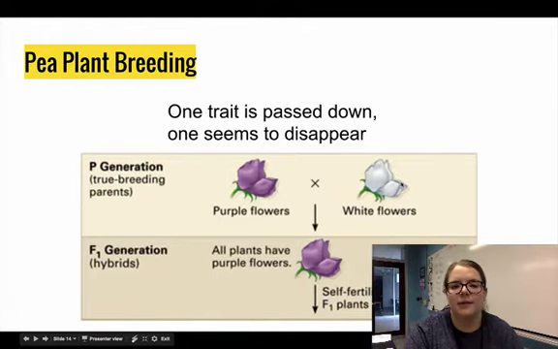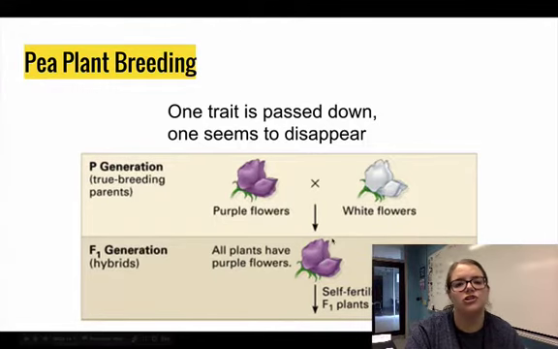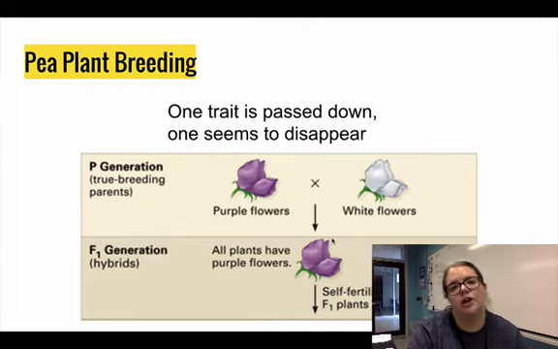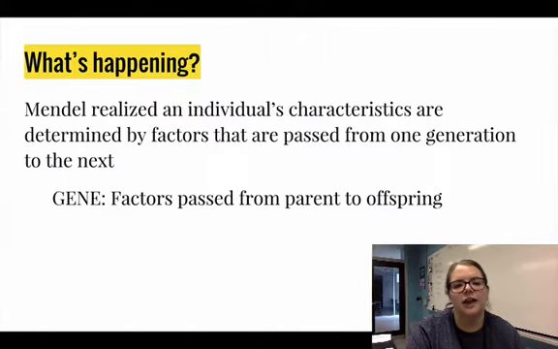He crossed them, and in the F1 generation, the hybrids, he found that 1 trait seemed to disappear. So 1 trait got passed down, in this case the purple one, 1 trait, the white one, disappeared. So his F1 generation, 100% of them showed 1 of the 2 traits. The other trait, gone.